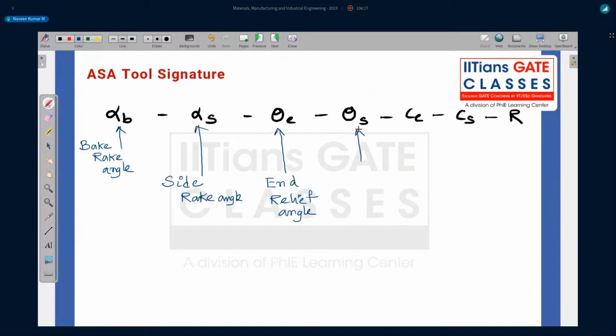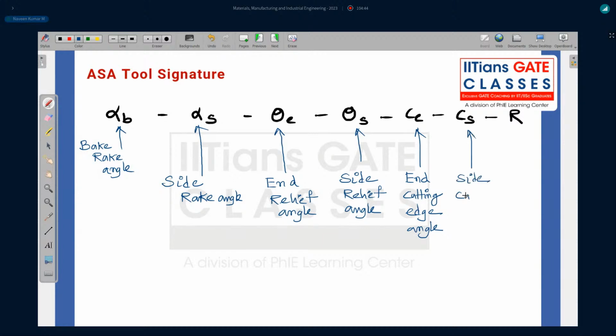And what is this? Side relief angle. This is end cutting edge angle. Okay, and this is side cutting edge angle. And this is nose radius.